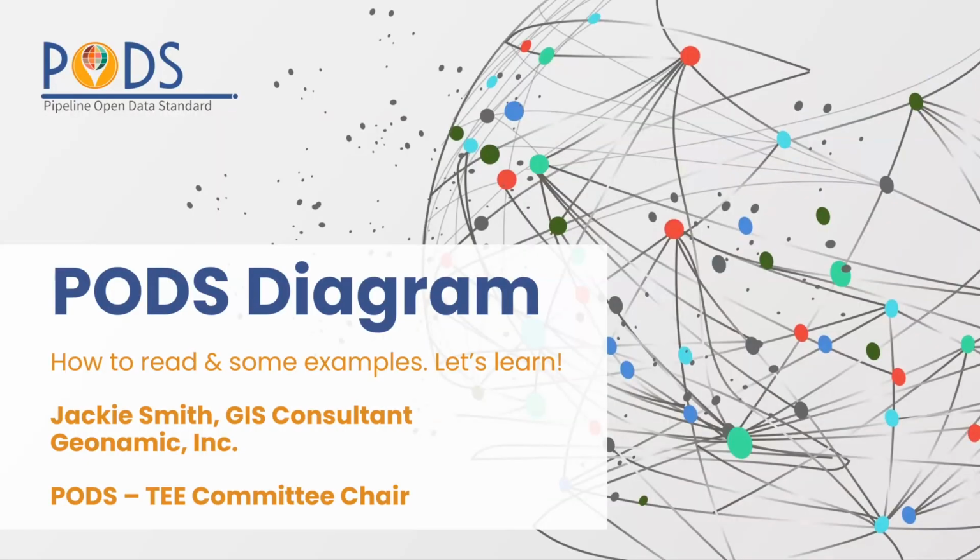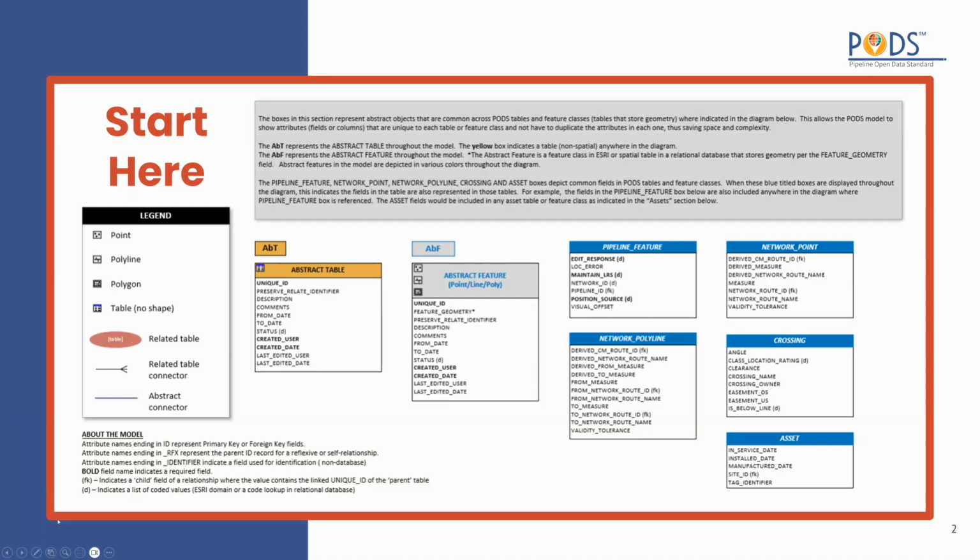All right, so now that we're back to the presentation, everything I need to know about reading the PODS poster is in the start section. It has the legend. It has abstract feature classes that explain basically the basis of what everything else is in the model. So anything that's related to this ABT in the yellow is going to be an abstract table.